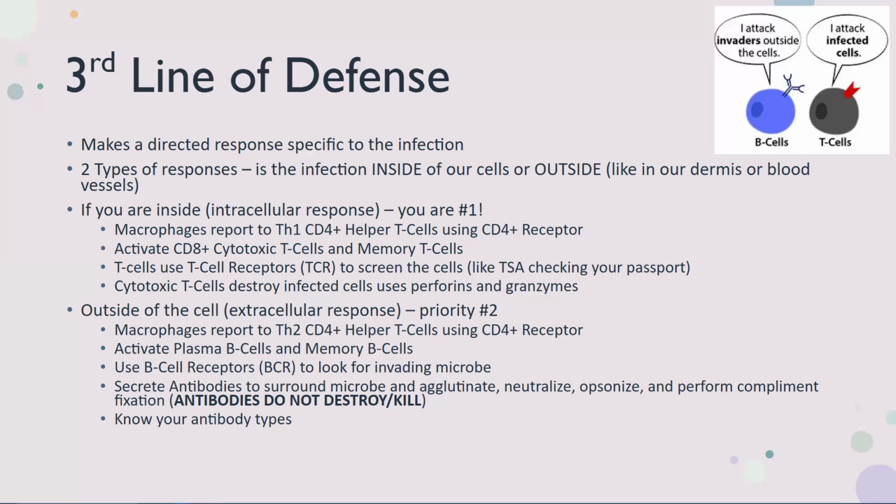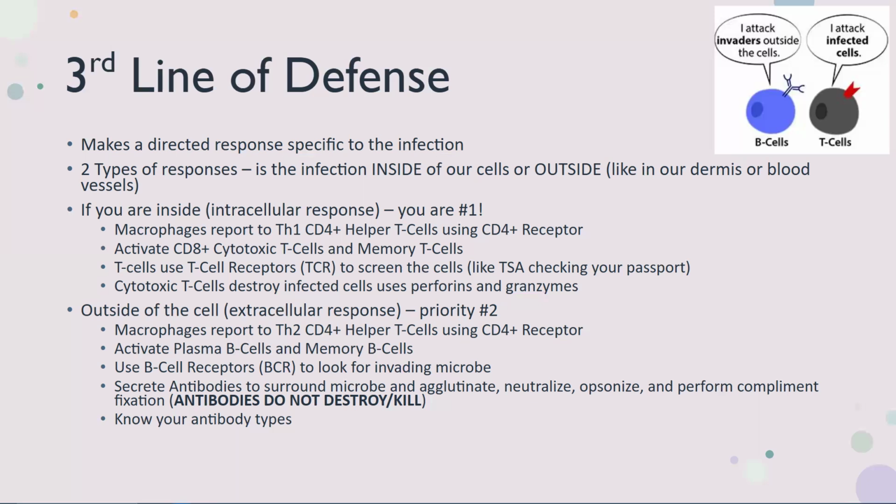So again, back to the first scenario, if you are an intracellular response or a cell-mediated response, or it's inside your cells, you are the number one, so you're going to use Th1 helper T cells using the CD4 plus receptor. This will then activate the CD8 cytotoxic T cells and the memory T cells.